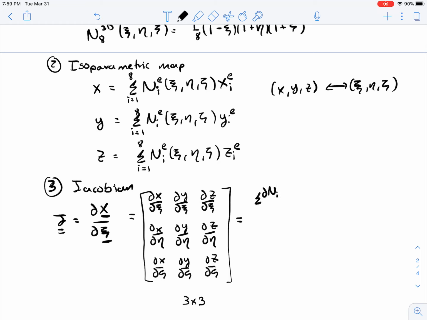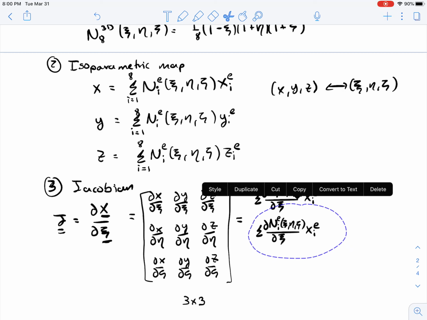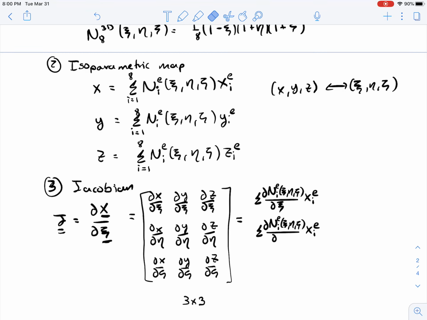So that would be the sum of partial derivatives of the shape functions with respect to psi times the x coordinate, then derivative of x with respect to eta. Again, sum of partial derivatives with respect to eta, and then sum of partial derivatives with respect to zeta.